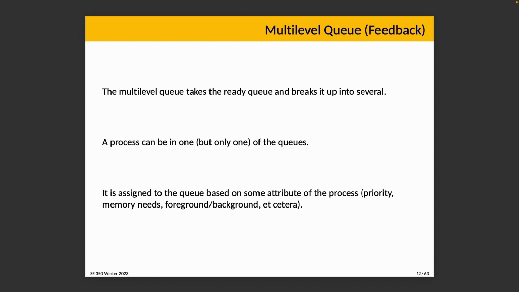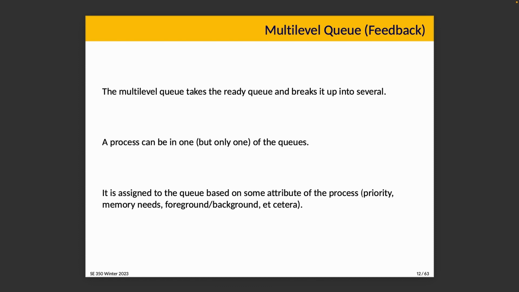And so the multi-level queue is really what it sounds like. You just take your main queue for the ready queue and break it up into several of them. And a given process, when it's ready to run, can be in one of the queues, but only one. There are no processes that are treated in both queues, because that doesn't make sense. And which queue it's assigned is based on its attributes. Is it based on the priority, the memory needs of the program?